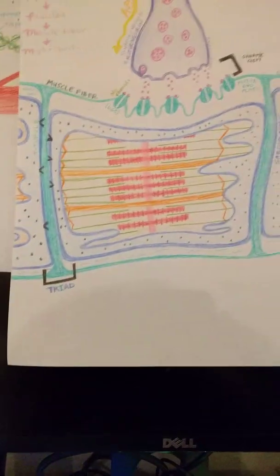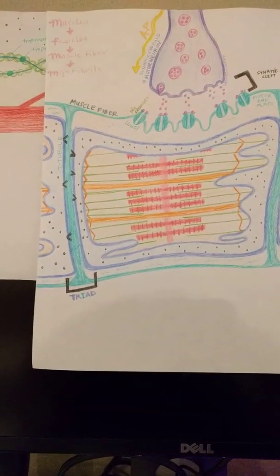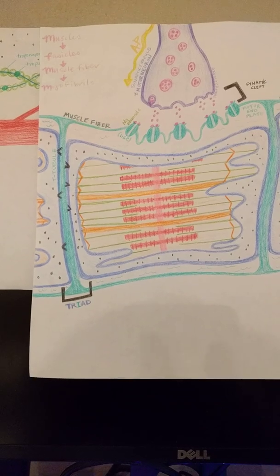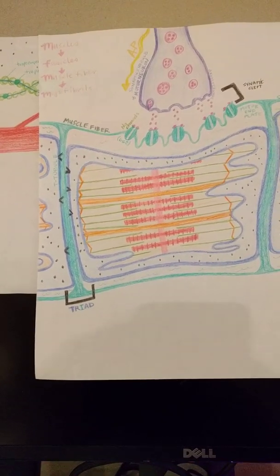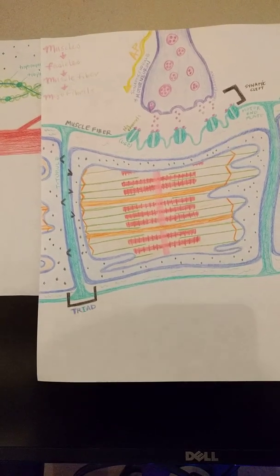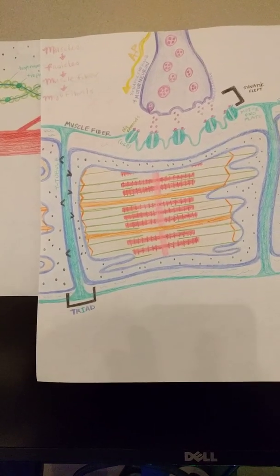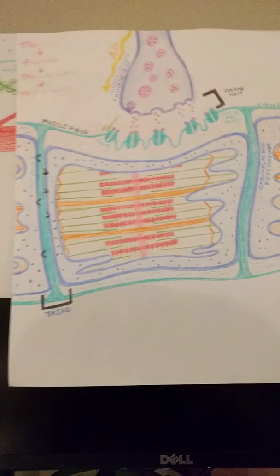As it travels down, it triggers the opening of voltage-gated calcium channels. As they're hit, the calcium is allowed to enter the cell from the SR.